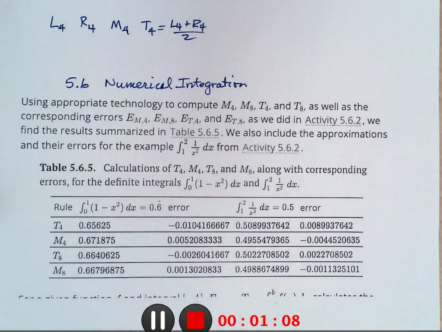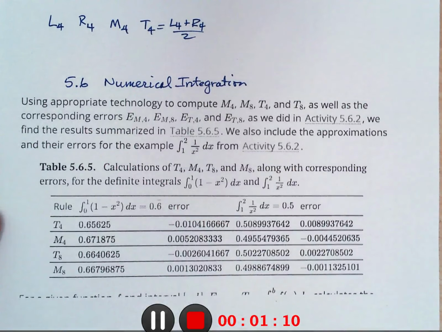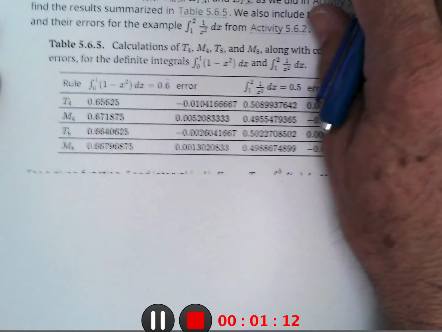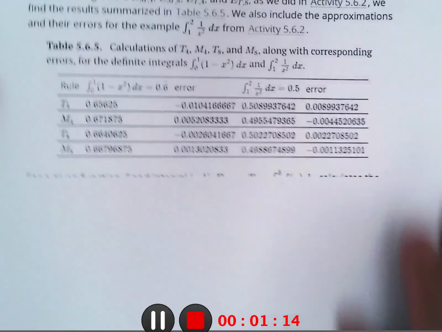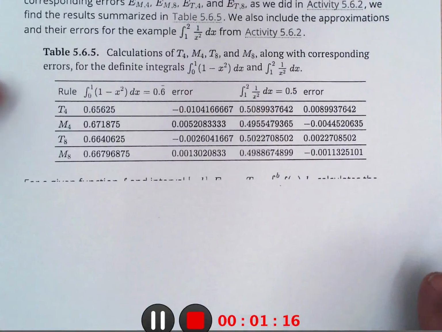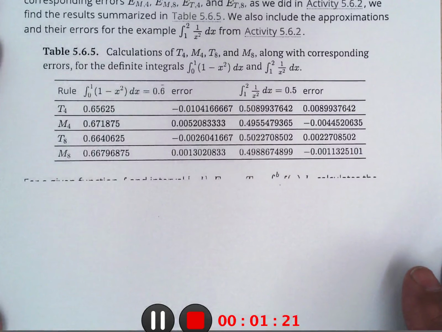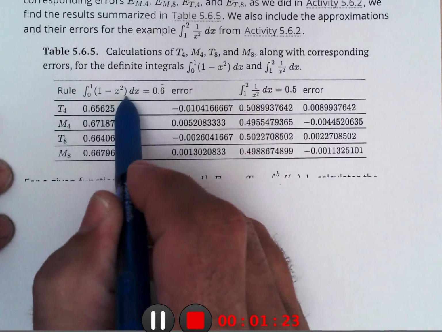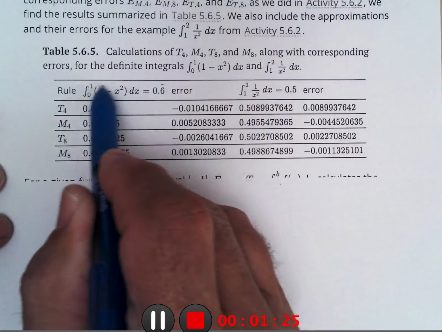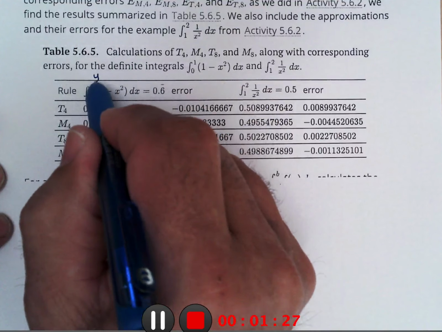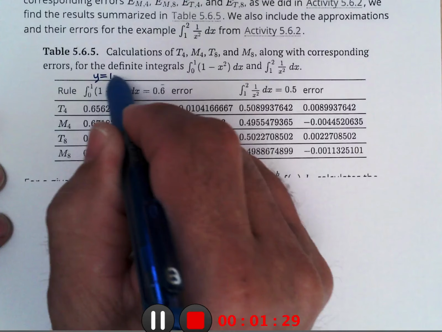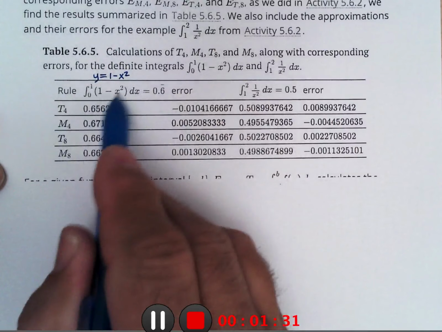So I am going to do just this brief presentation on this section, looking at this table 5.6.5. And they said, look at this. And so I want you to look at this and see that y equals 1 minus x squared, and we're trying to find the area under this parabola.